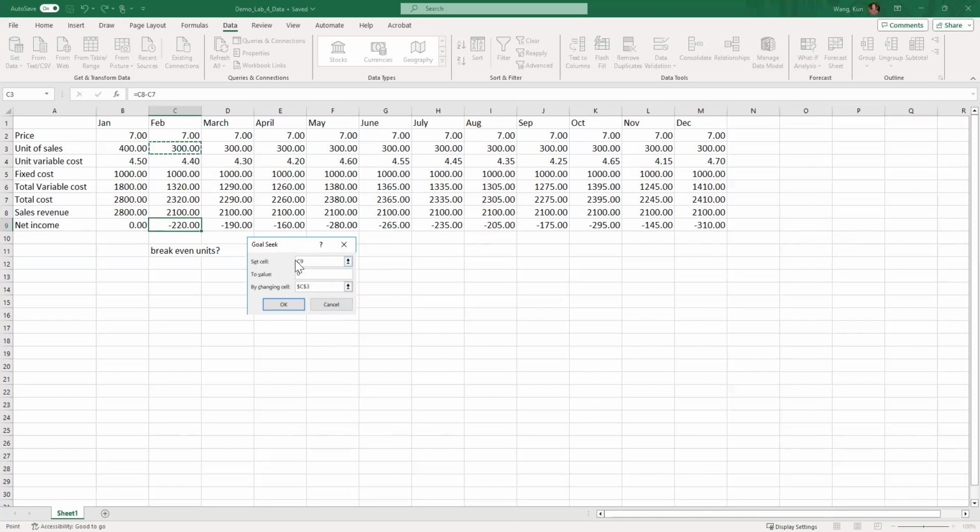The purpose again: C9 is the goal cell you want to set to 0. You can also set it to a target profit like 100 or 200. So you can perform break-even sales or target profit using the same Goal Seek. Once I fix that I'm referring to the units of sales, let's look at how the column changes once I click OK.